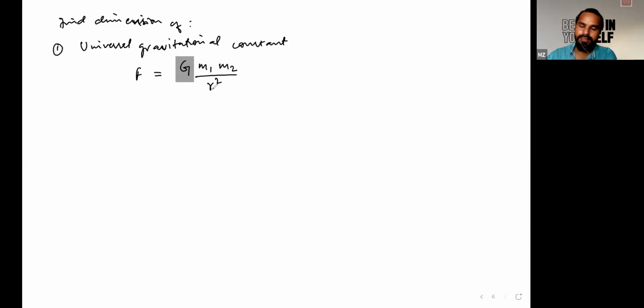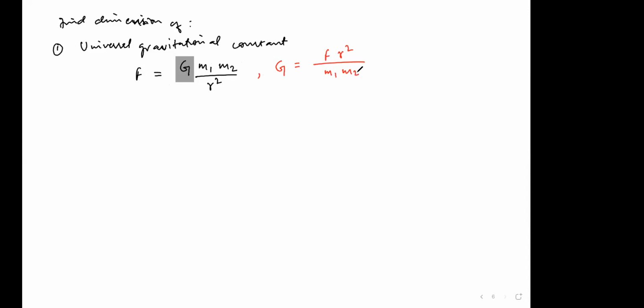Since here r square is in the denominator, on bringing it to the other side, it will move to the numerator. Similarly, m1 and m2 are in the numerator, so on going to the other side, they will move to the denominator. So it will become G equals F times r square divided by m1 into m2. Is it clear? Yes, sir.